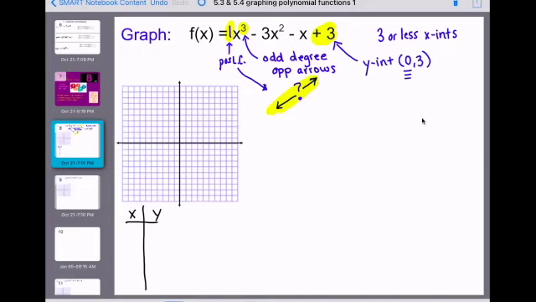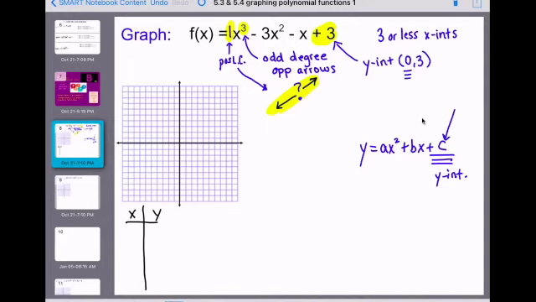If you make all the x's 0 in this equation, all you're left with is that constant. Remember that in a quadratic, the c value was the y-intercept. The same thing happens for any polynomial. If it's a cubic, a quartic, a quintic, a 12th degree, a 20th degree, doesn't matter, this constant is always the y-intercept for polynomials.